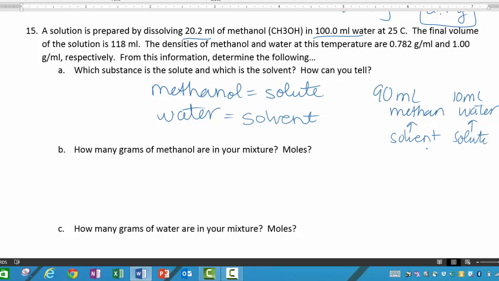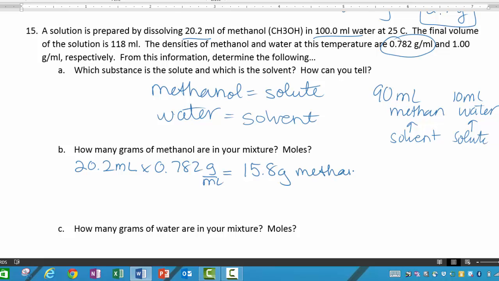How many grams of methanol are in your mixture? Well, what do we know about methanol? It tells us we have 20.2 milliliters. It also tells us methanol has a density of 0.782 grams per milliliter. So if we multiply volume times density, just like we did in the previous problem, we will get 15.8 grams of methanol. And they want us to find moles of methanol.